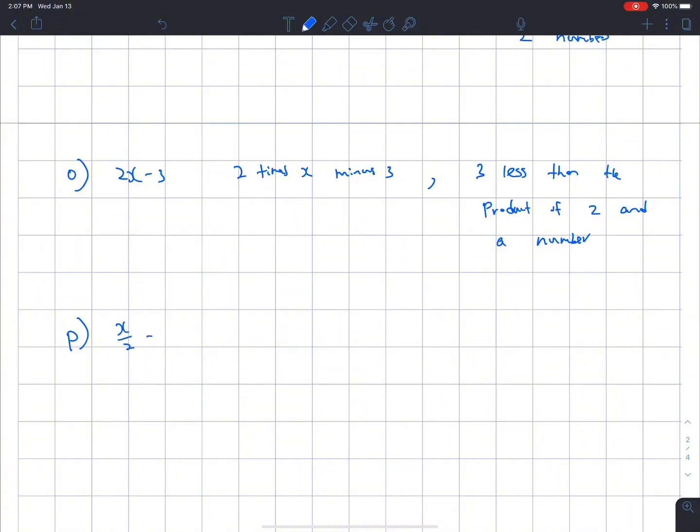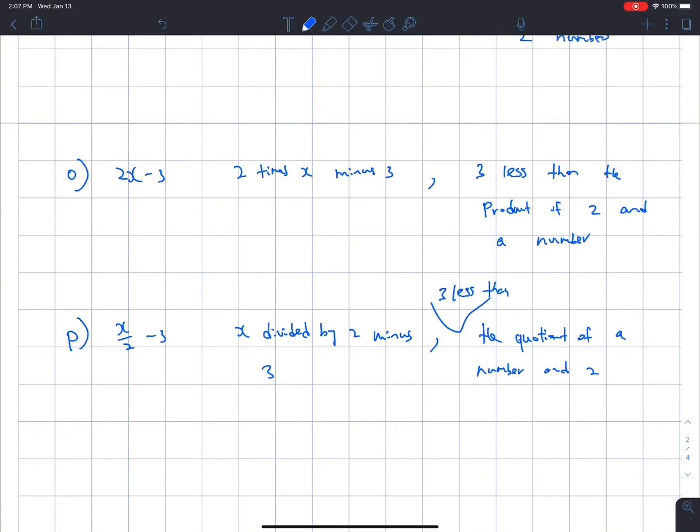P, x over 2 minus 3. So x divided by 2 minus 3. The quotient of a number and 2, and then minus 3. Or maybe I'll just say 3 less than the quotient of a number and 2.